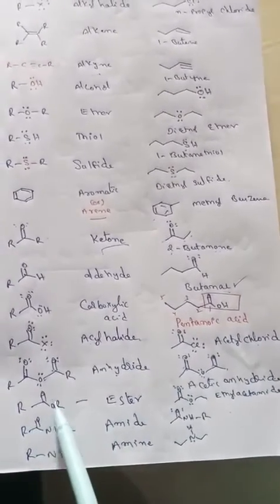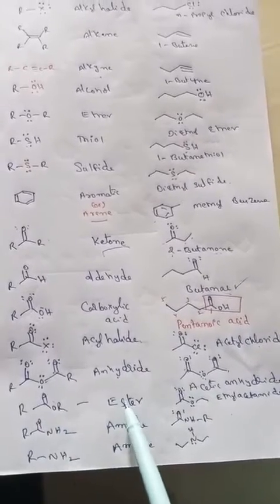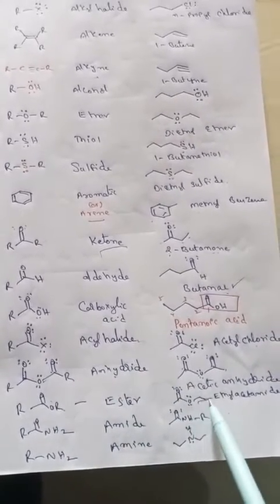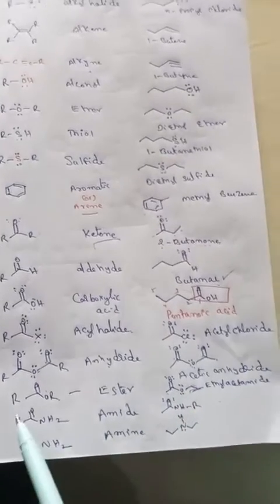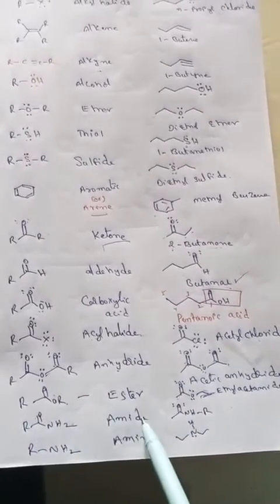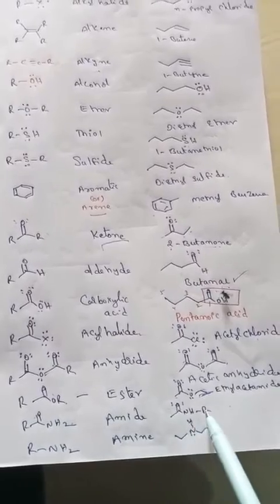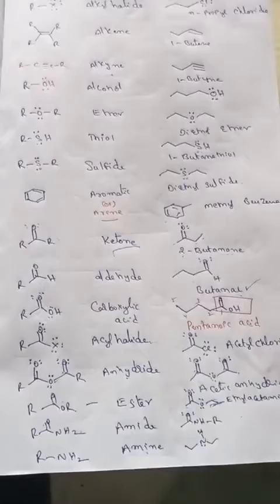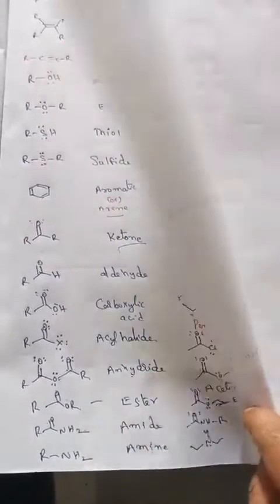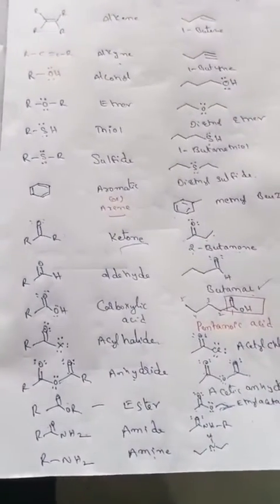And the RCOOR functional group is called an ester, for example ethyl acetate. RCONH2 is called an amide, for example an alkyl amide. Then RNH2 is an amine, like diethylamine. These are the examples of common functional groups. Thank you, and please note them down.